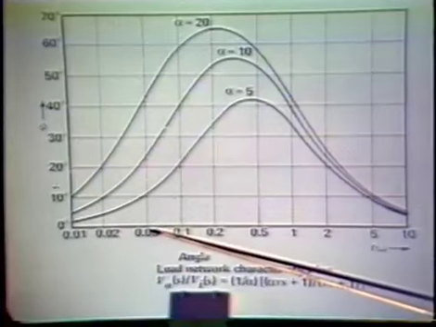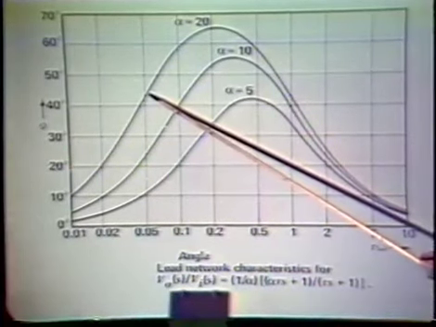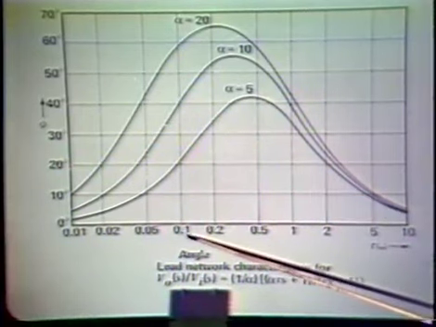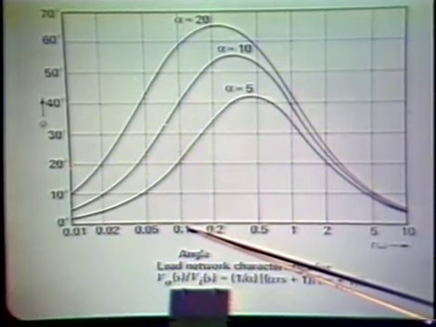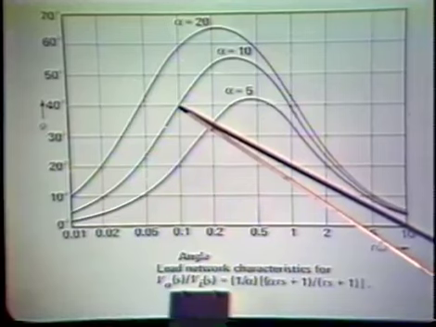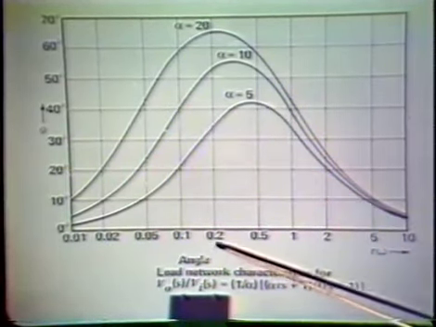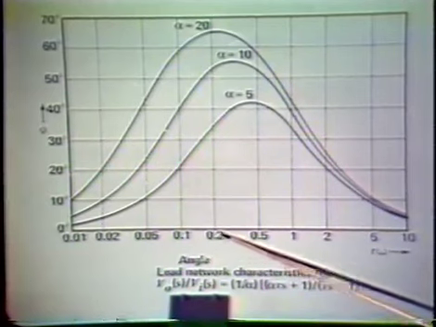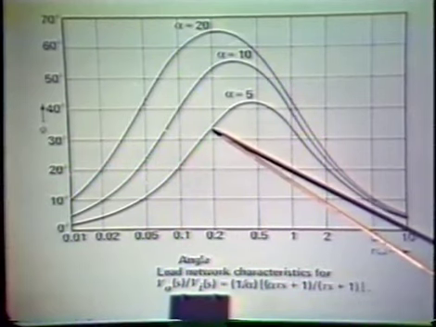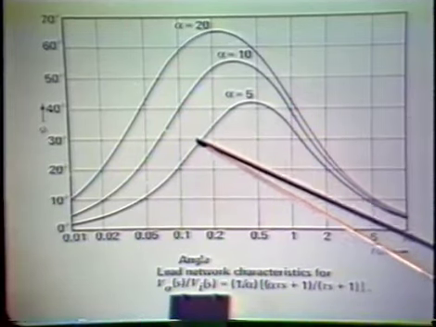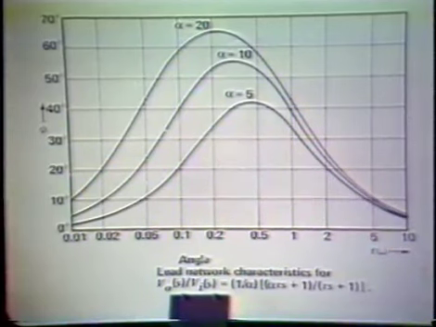Here's the 0 location for alpha equals 20, and we actually have more than 40 degrees of positive phase shift at that frequency. Here's the 0 location for alpha equals 10. Once again, we have just about 40 degrees of positive phase shift at that frequency. Here's the 0 location for alpha equals 5, and we have somewhere on the order of 35 degrees of positive phase shift in that case. So we begin to get a very significant angular contribution.